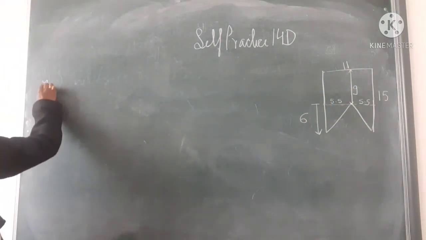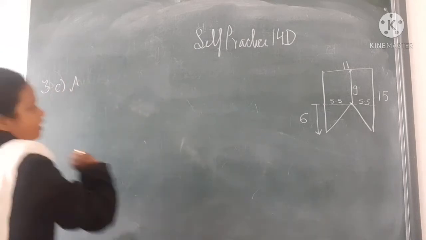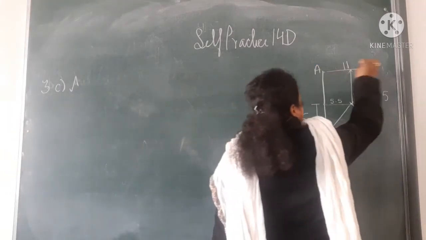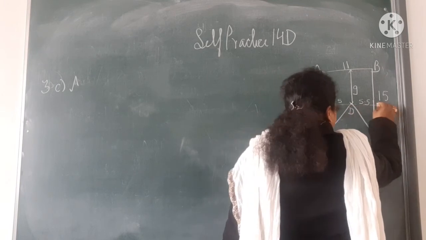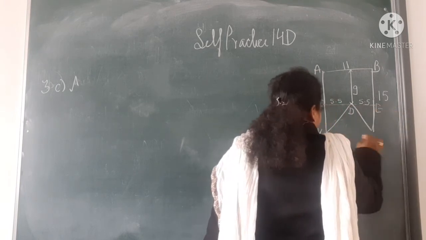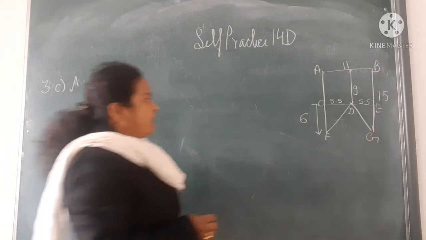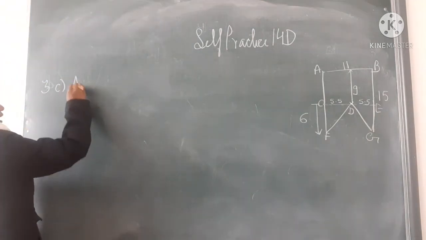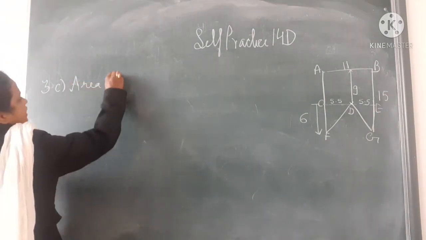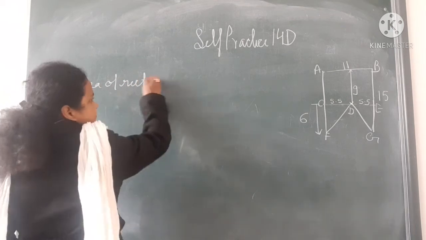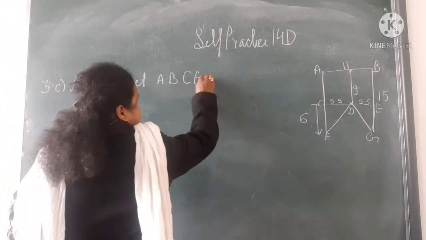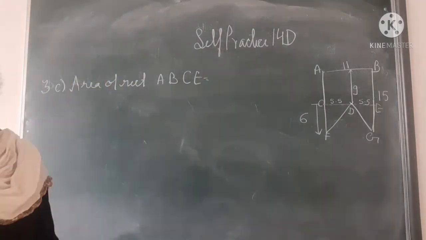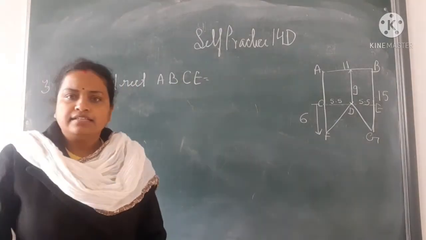Now, third C part. Now name it A, B, C, D, E, F, G. Now I am taking total area of rectangle A, B, C, E. A, B, C, E, you are getting one rectangle.